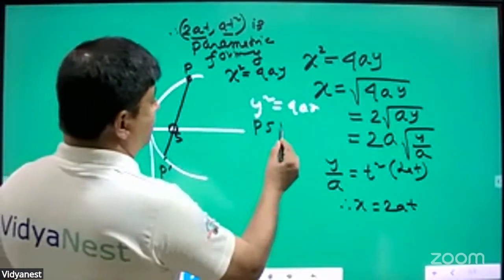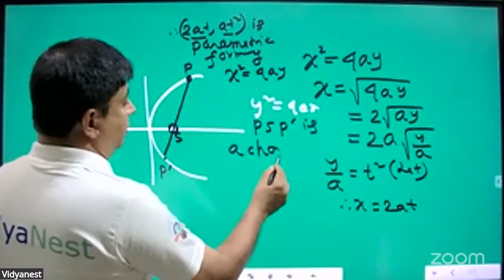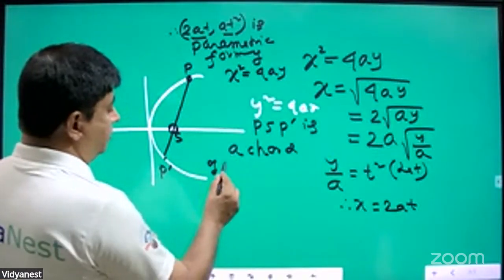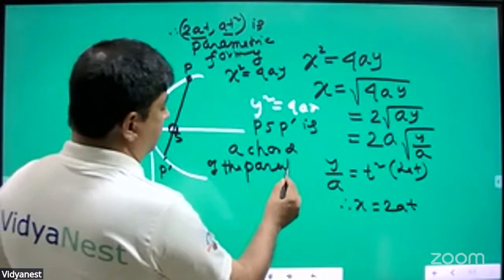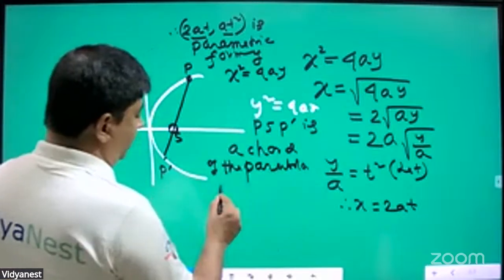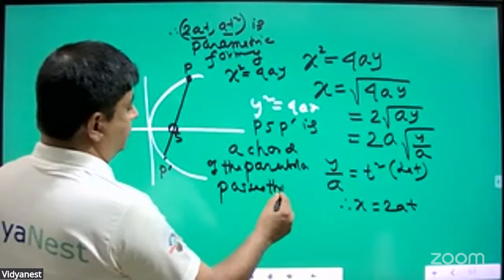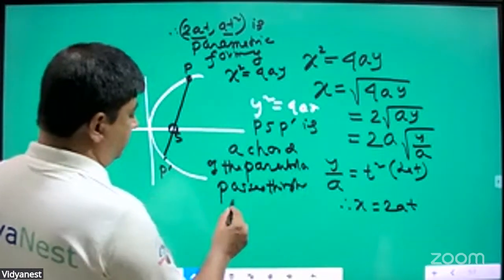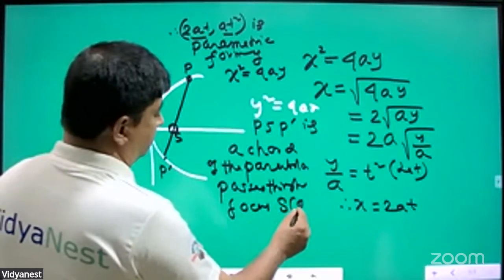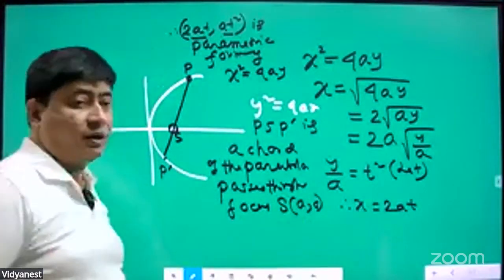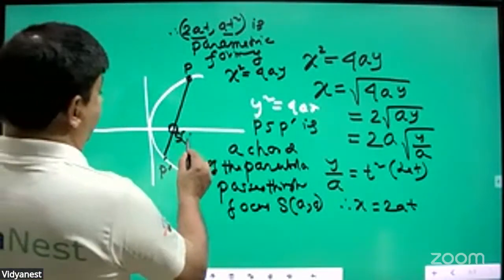So PSP dash is a chord of the parabola that passes through the focus (a, 0). This is (a, 0).